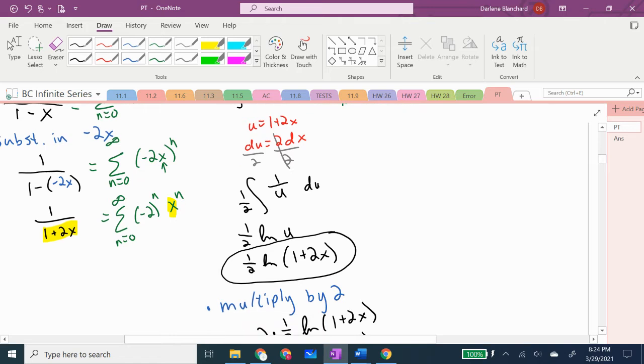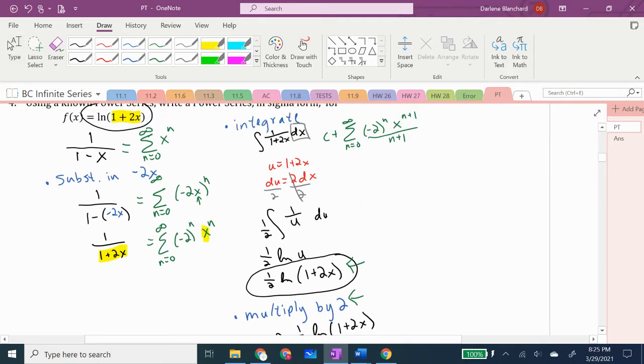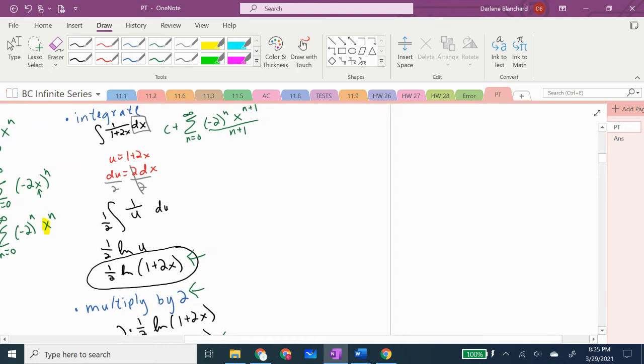Then I've gotten this. I could actually find the unknown plus c at this point, but I'm going to go ahead and go forward and multiply by 2 to get to the function that I wanted to get to, and then solve for the plus c.